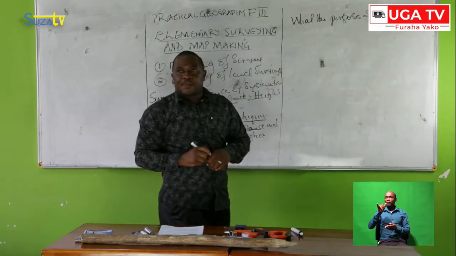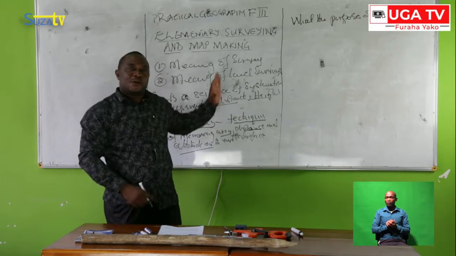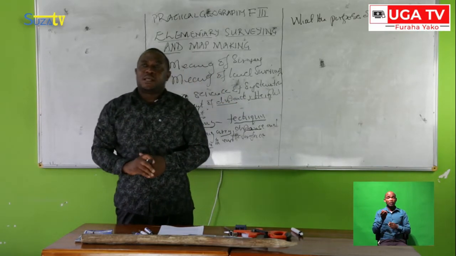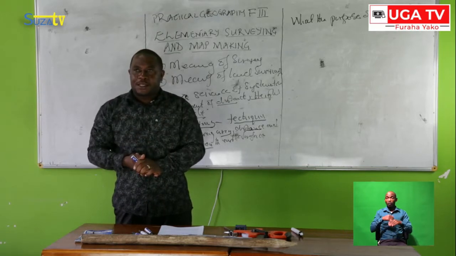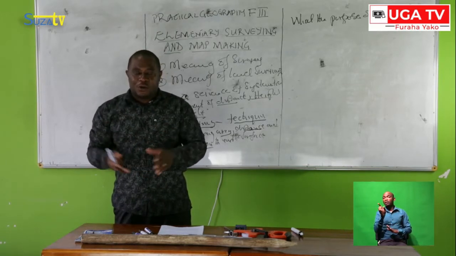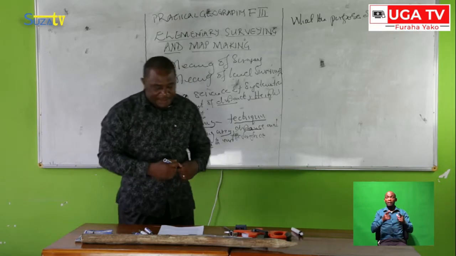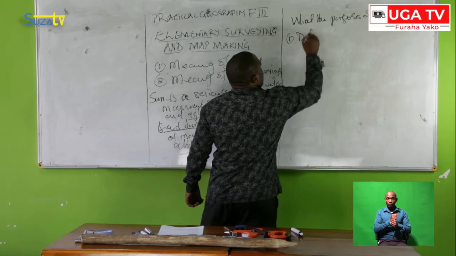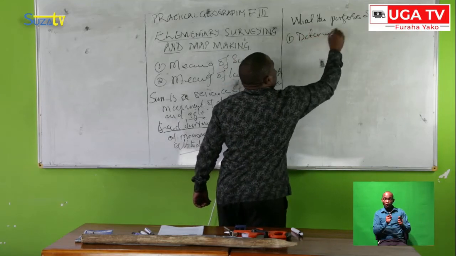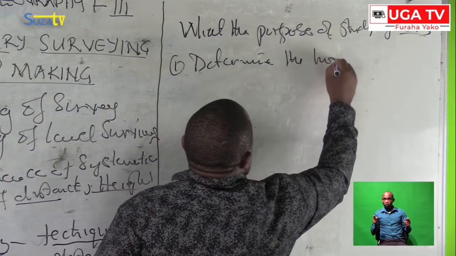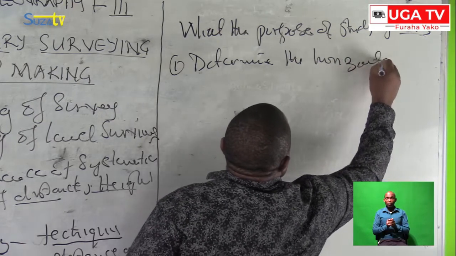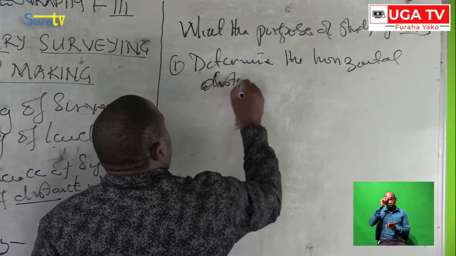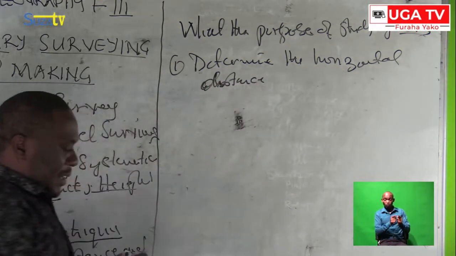My students, as we said before in the history, this was knowledge obtained by the Egyptians in order to divide plots of land. The purpose of survey all over the world now is, first, to determine the horizontal distance from one area to another.